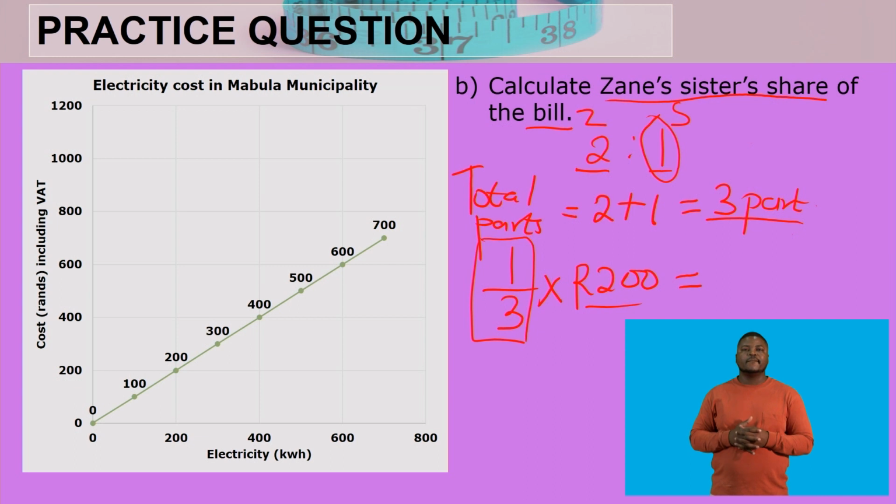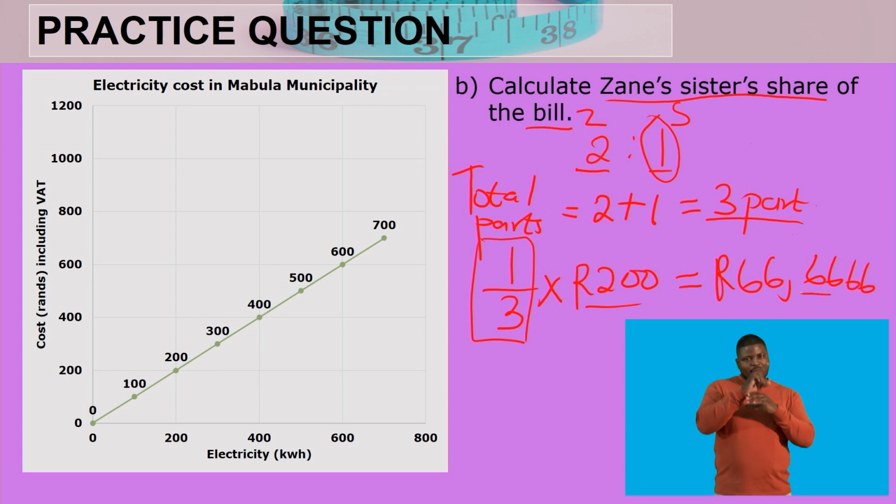Let us punch it on our calculator: 1/3 multiplied by 200 gives us 66.666 and so on. With money we are only focusing on the first 2 digits after the comma, so we round it off to 66 rand 67 cents. This is the amount that Zain's sister will pay at the end of the month.